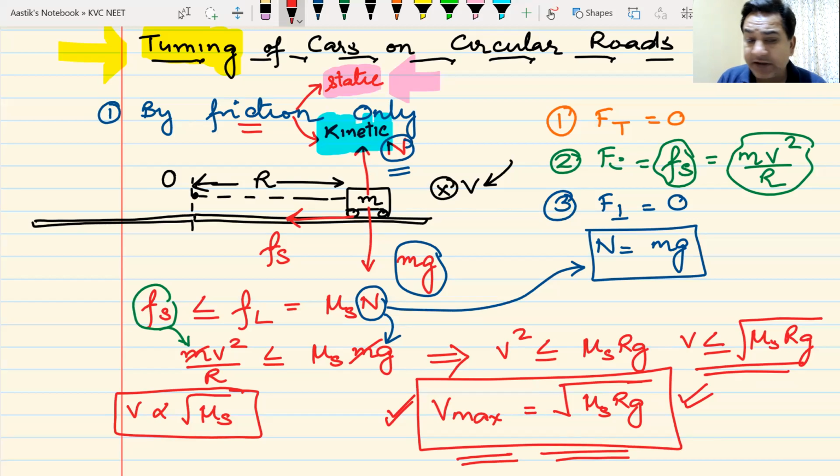Remember, we are discussing the turning of cars or vehicles on circular roads. In the first case, what we saw was a vehicle, a car or a cycle or a bike or a truck or a bus, turning on a circular track using friction only.